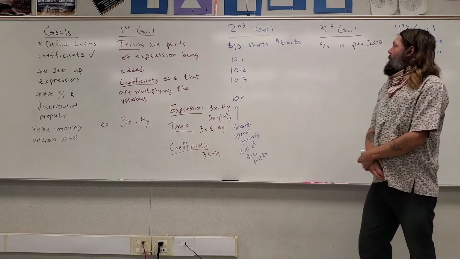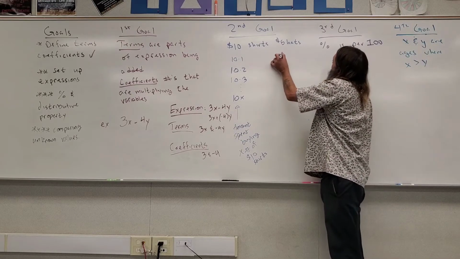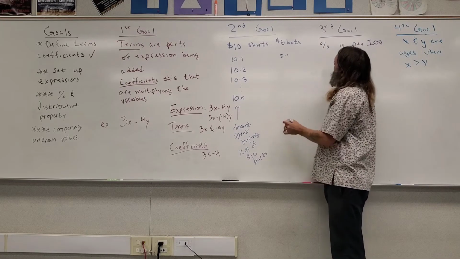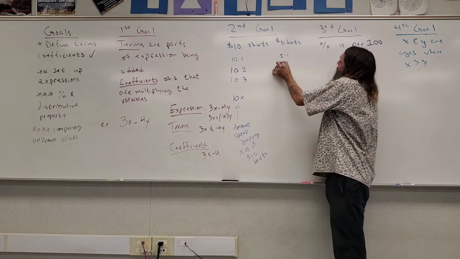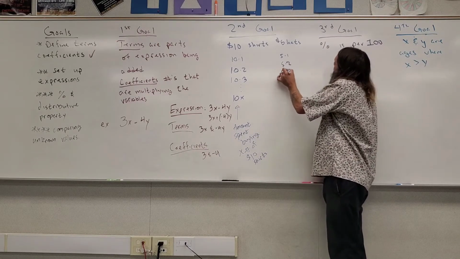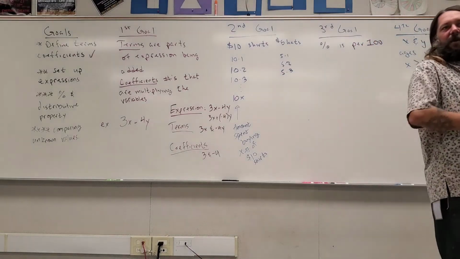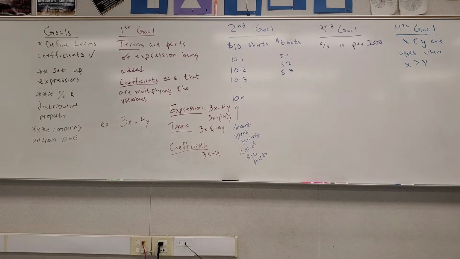And the same thing would be true for buying hats. If I bought one hat, it would be $5, or 5 times 1. If I bought 2 hats, it'd be $10, or 5 times 2. If I bought 3 hats, it would be 5 times 3. Let's say I bought a different number of hats. Let's say I bought a Y amount of hats.